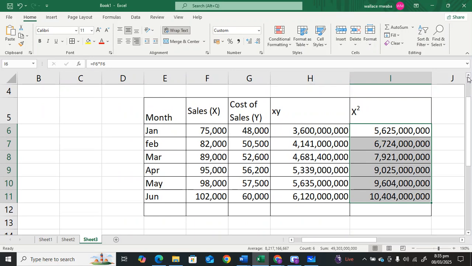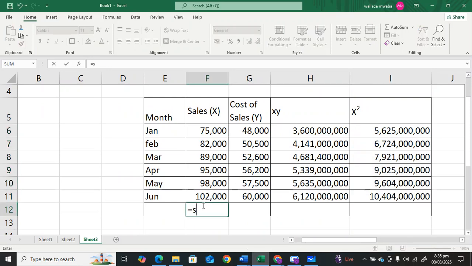So after you've done that, you get your totals. First for your x values, basically this is like the total sales. Cost of sales.